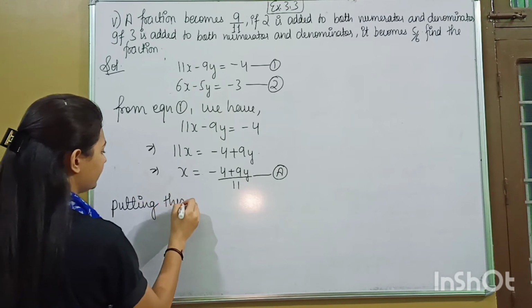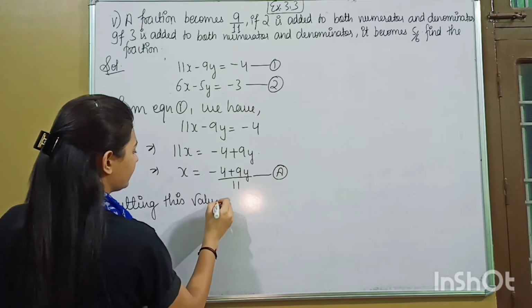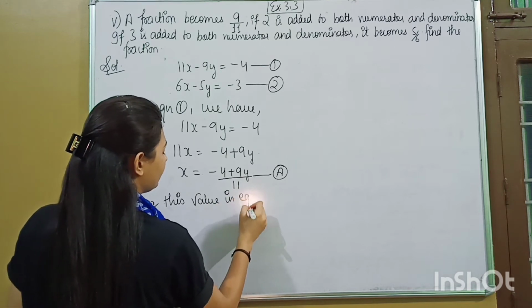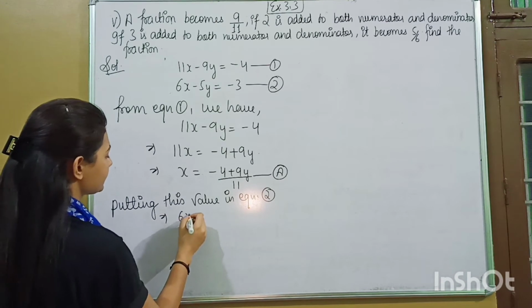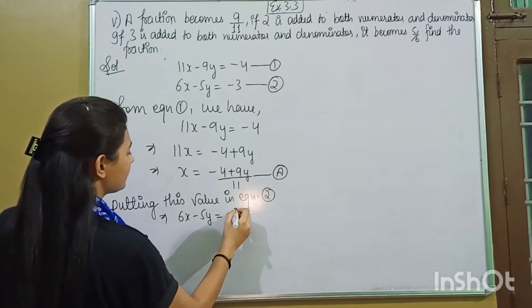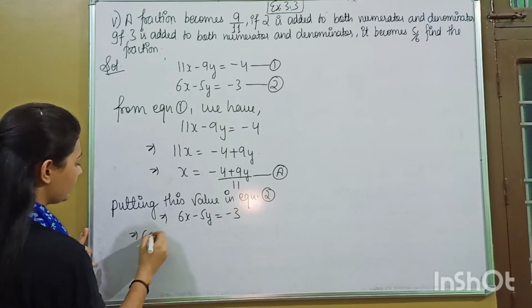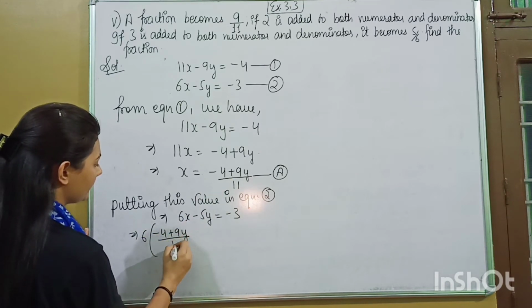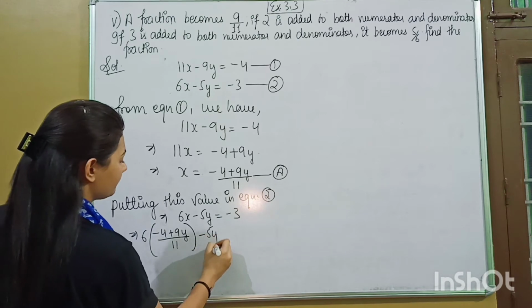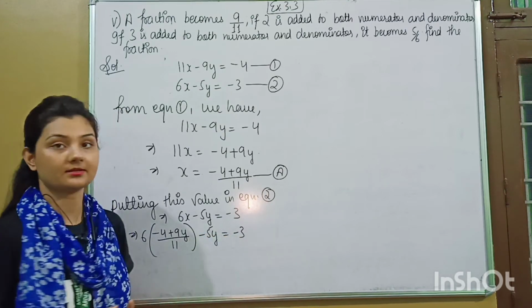So putting this value in equation 2, what we have in equation 2 is 6x minus 5y is equal to minus 3. So in place of x, write this (minus 4 plus 9y) upon 11, minus 5y is equal to minus 3.